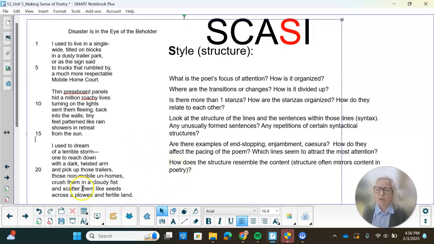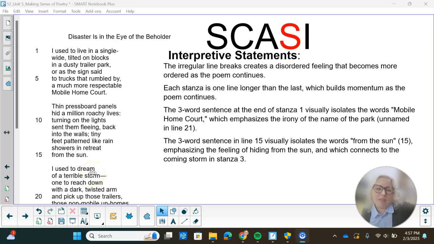Those are appropriate things to argue in terms of our debatable and interpretive statements. All right, I've given you a few examples here of interpretive statements that you could make about this poem.